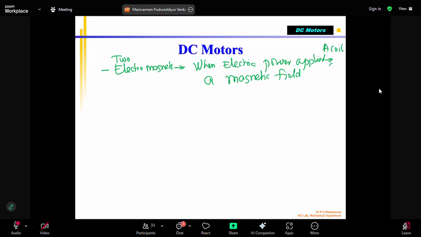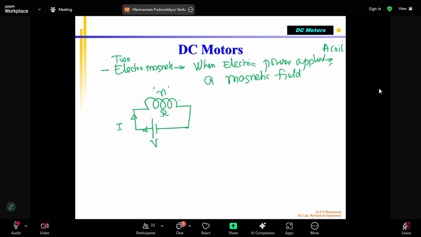Note down. Correct? That means you take a wire and make it as a coil. Okay, and I supply voltage V to this. Because of that, there's a current flow I, and the coil has resistance R, and it has n number of turns.